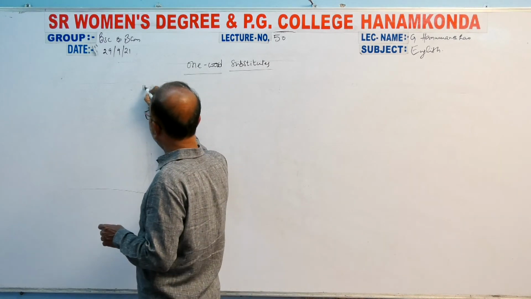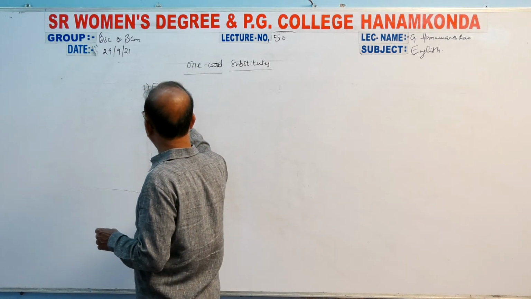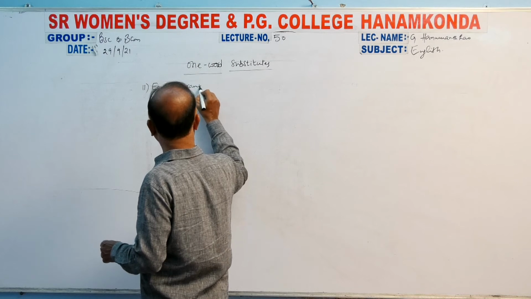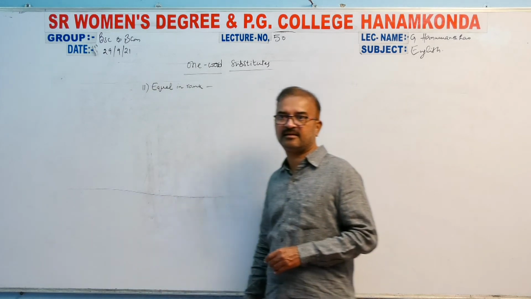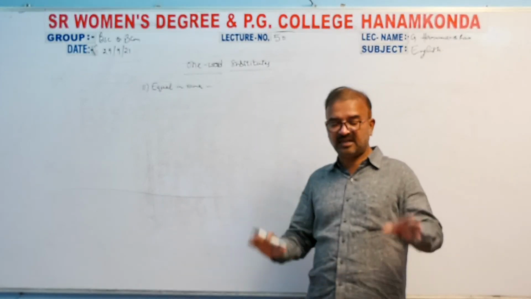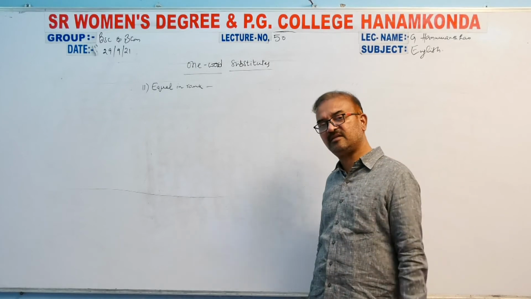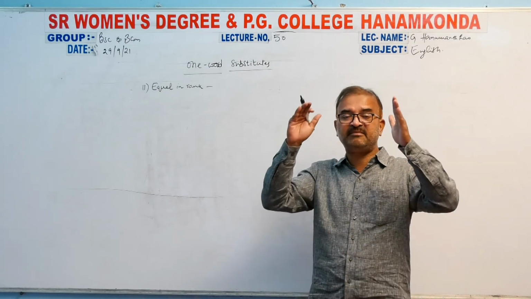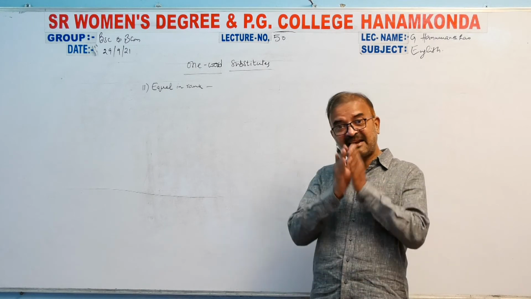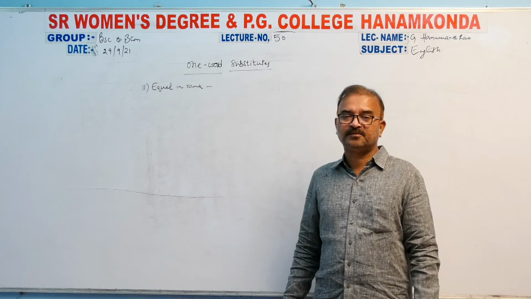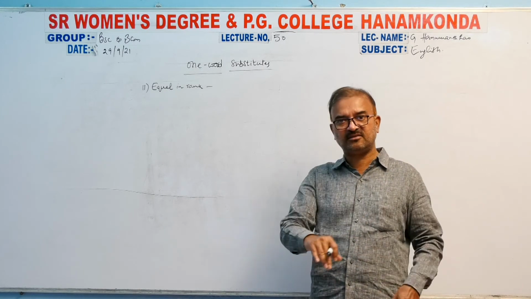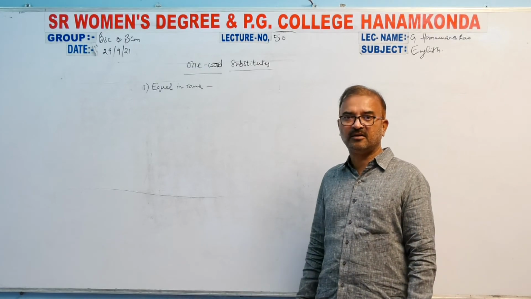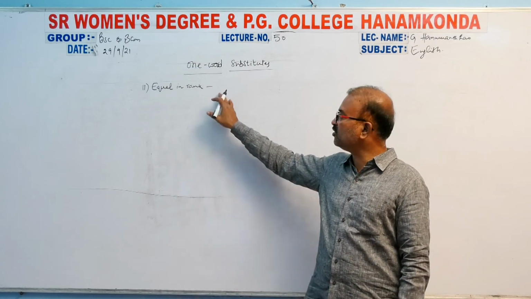Now, the 11th one: equal in rank. That means if there are two or more people who enjoy the same status, the same designation, the same rank, and no one is less than another, all are equal in one rank, then what are those people called?